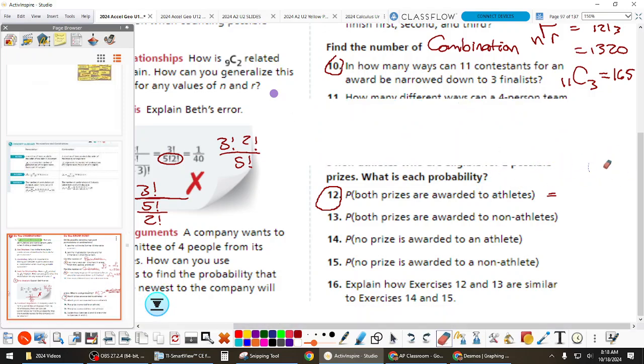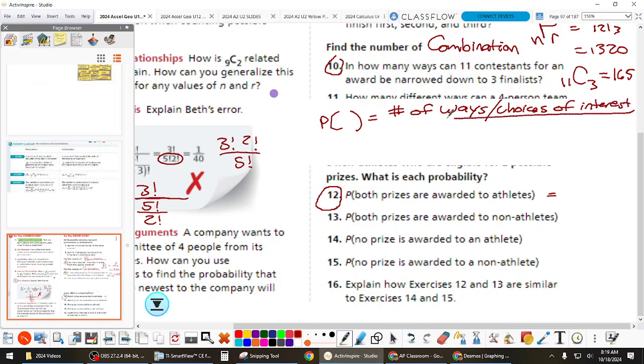And maybe that will help. So the probability of one of these is the number of ways or choices that we're interested in. In this case, how many ways can we award 2 awards to athletes? Okay? And then number of total choices or ways. We're doing the one above that one.